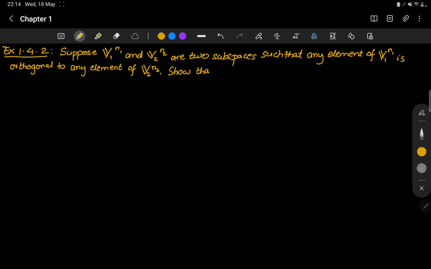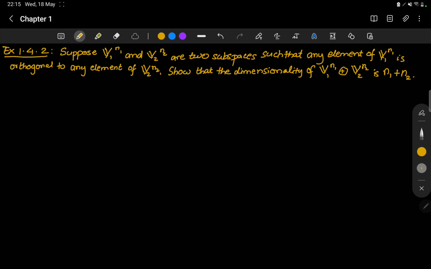Show that the dimensionality of V1 N1 ring sum V2 N2 is N1 plus N2. So this is the question that we have, and we need to prove this question.